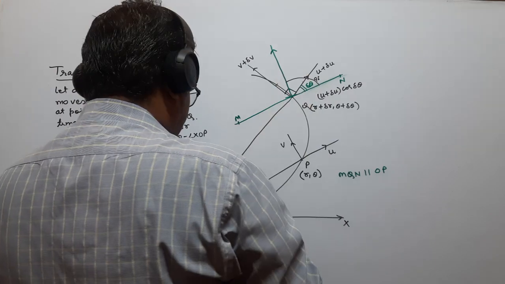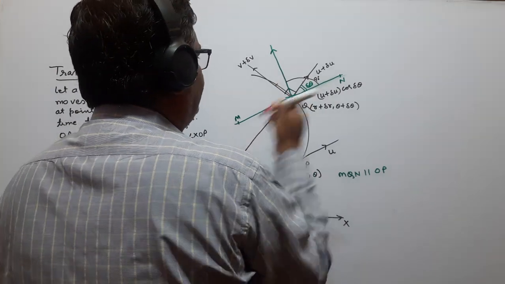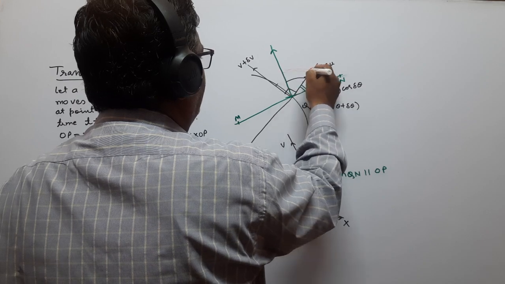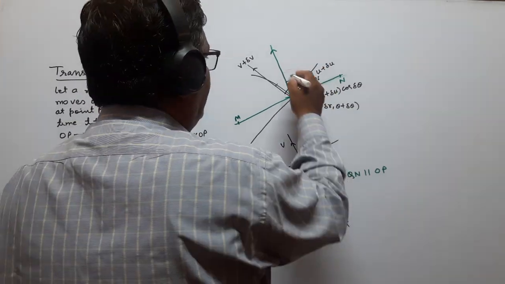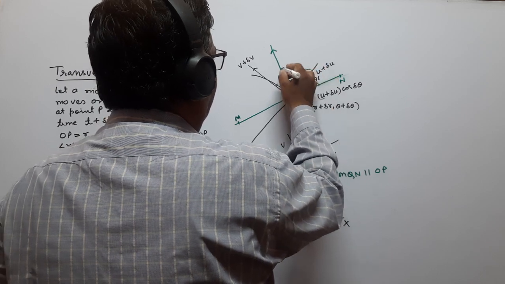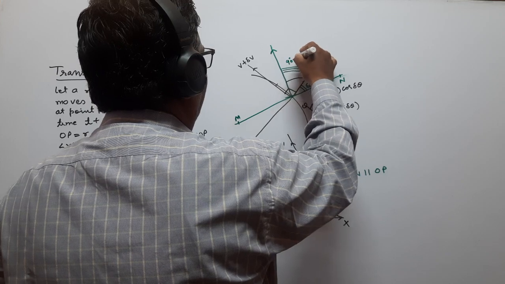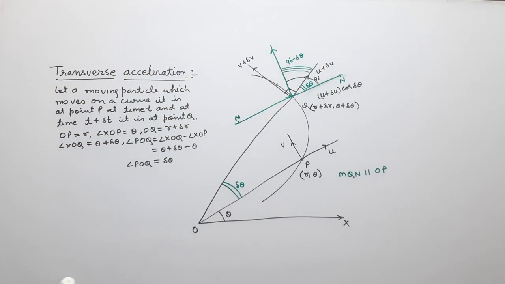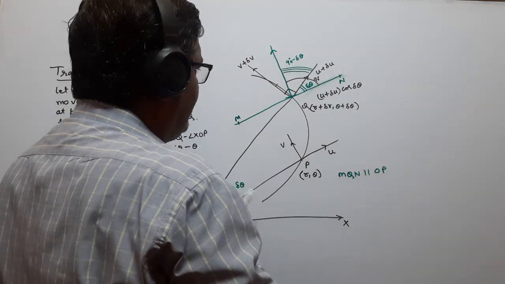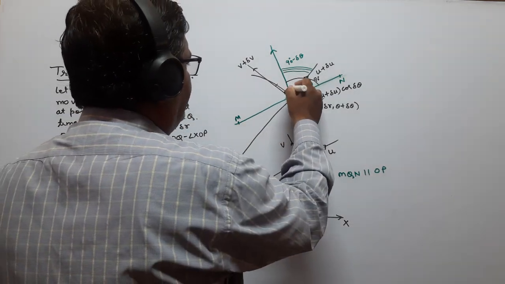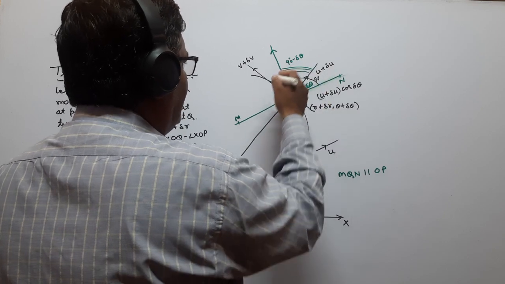So this becomes... here we find this angle is 90 minus del theta. This is 90 minus del theta. And we know that this angle is 90 degree, and this is 90 minus del theta.